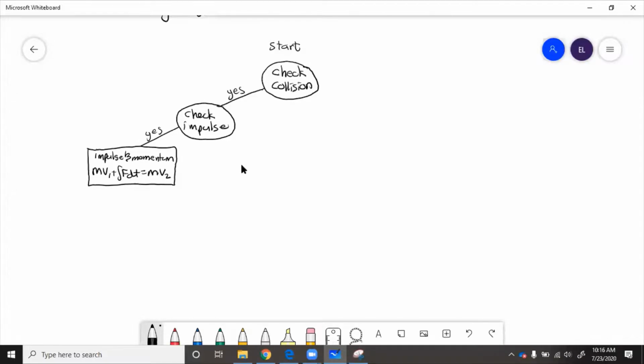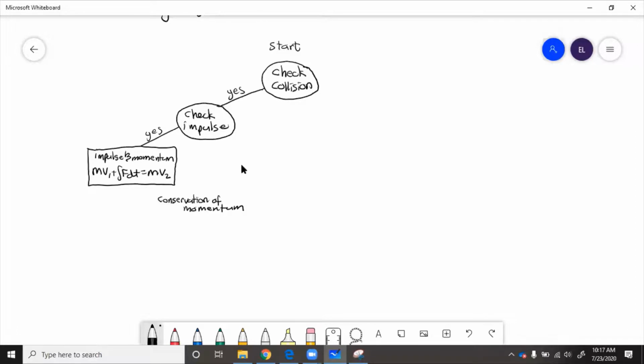Now, if there's no impulse, then we know to use conservation of momentum. So momentum is conserved when the F dt is 0, so either force is 0 or dt is 0 or both.